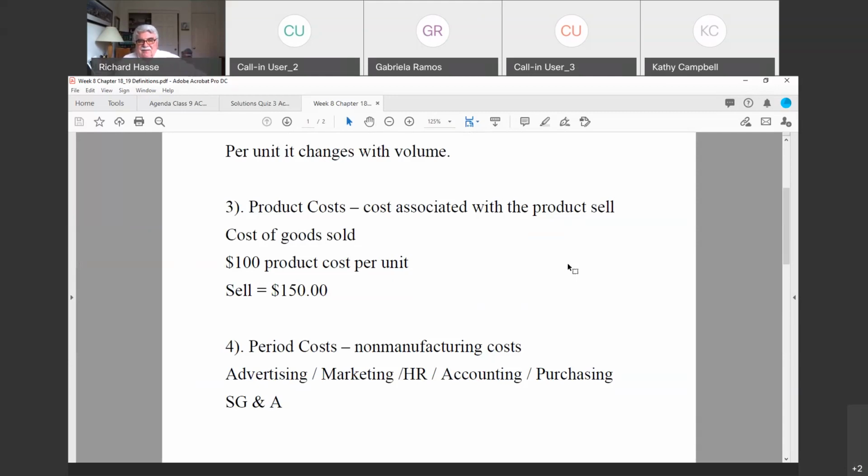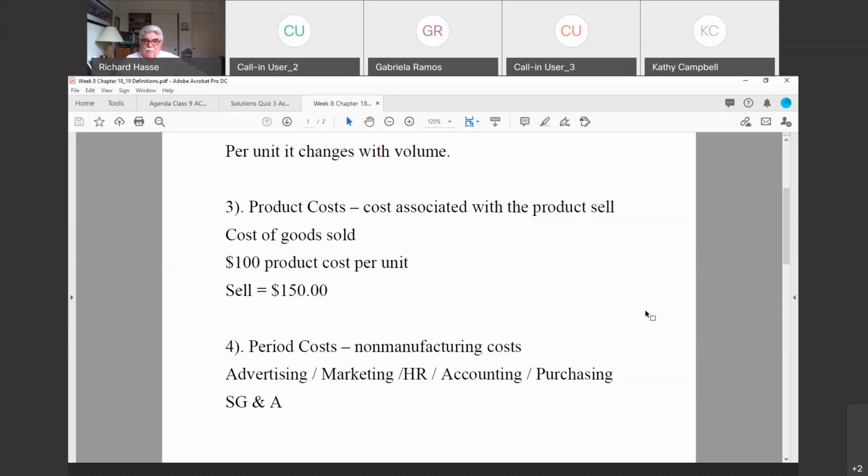Tesla produces an automobile. Yes, they have a cost of goods sold, the cost of producing the automobile. But also Tesla has other costs, HR costs, accounting costs, costs that are not associated with the production of their vehicle. Those are called period costs or other operating expenses.